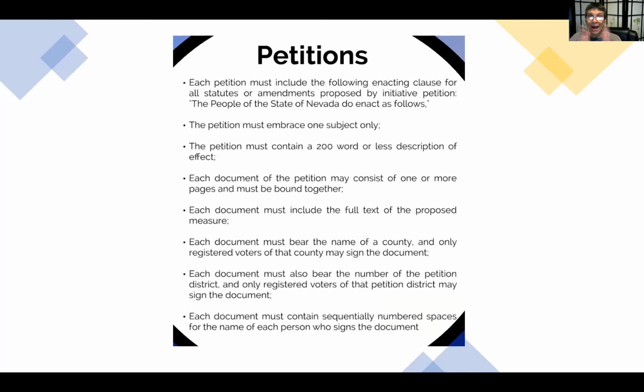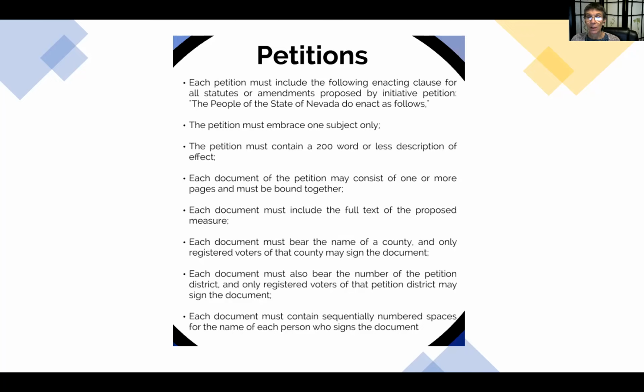So the actual packet that you're going to have people sign has to include these items. Each petition must include the following enacting clause for all statutes or amendments proposed by the initiative petition: The people of the state of Nevada do enact as follows. The petition must embrace only one subject. The petition must contain a 200 word or less description of effect. Each document of the petition may consist of one or more pages and must be bound together.